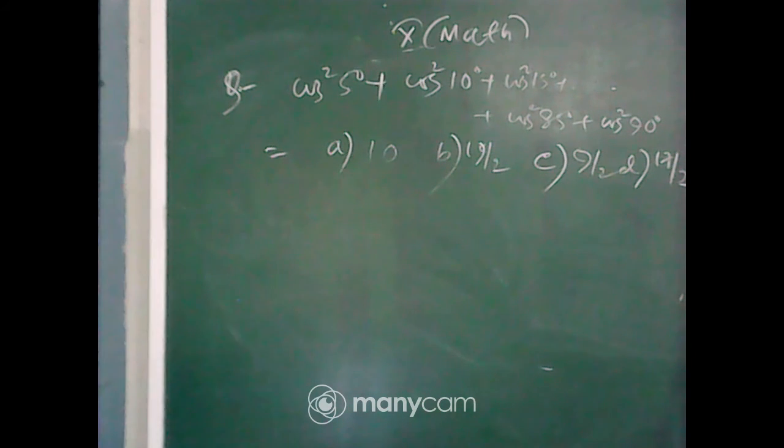Just do it. Cos square 5 degree plus cos square 10 degree plus cos square 15 degree, in this way going on, plus cos square 85 degree plus cos square 90 degree equals. Option A 10, option B 19/2, option C 9/2, option D 17/2.